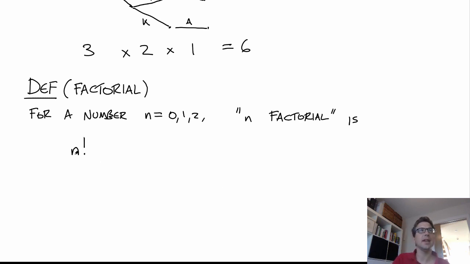We say n factorial, and it's equal to n times n minus 1 times n minus 2, all the way down to 1.